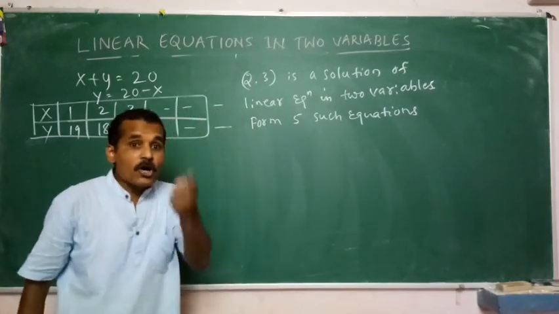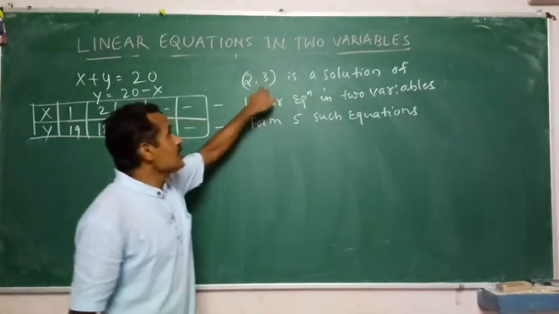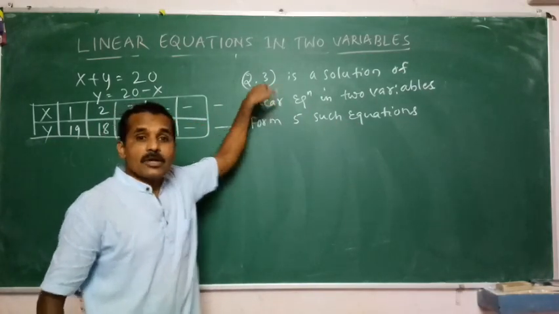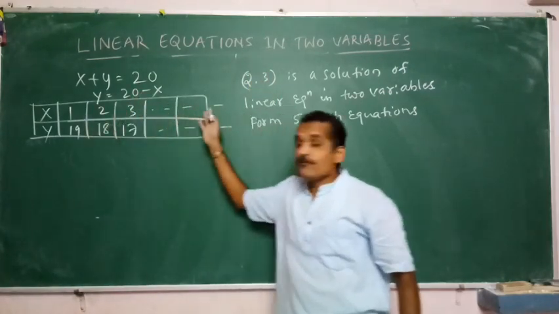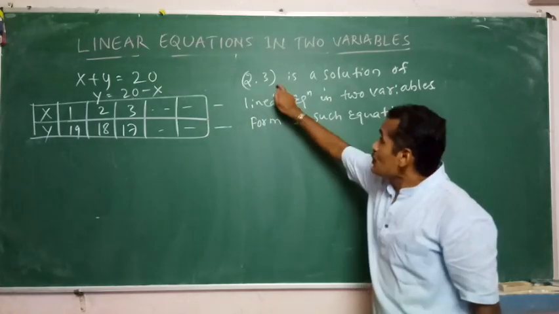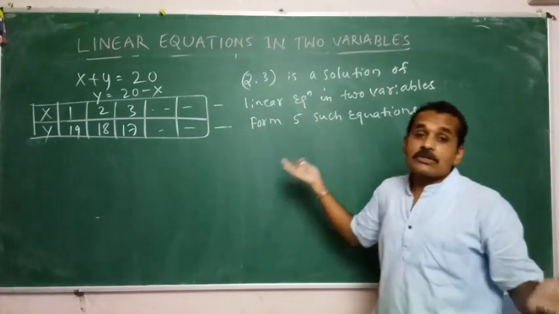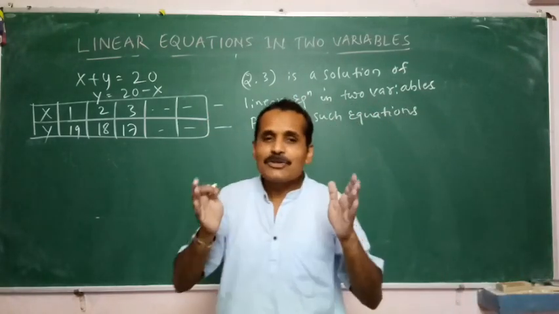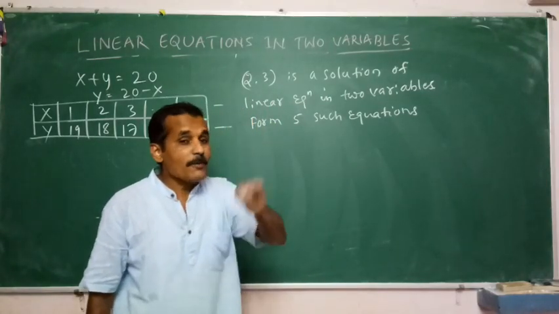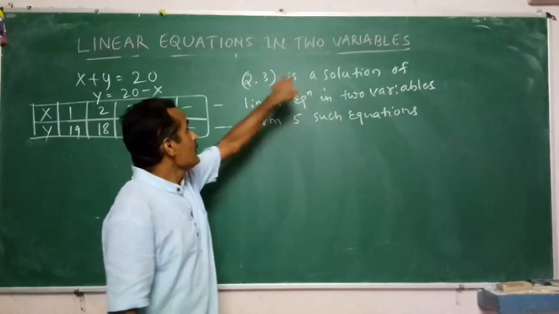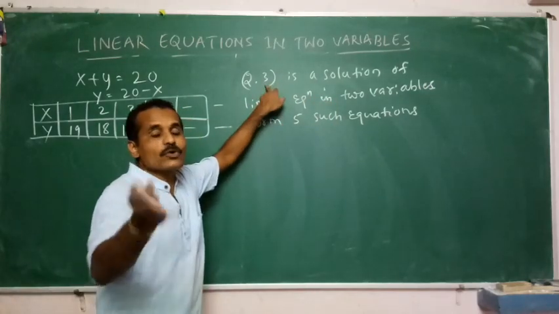That means you have to form equations in which this is a solution. Equation is one, solutions are infinite. Now, solution is one, equations are infinite. Now I will teach you how to form the equations in which (2, 3) is a solution.